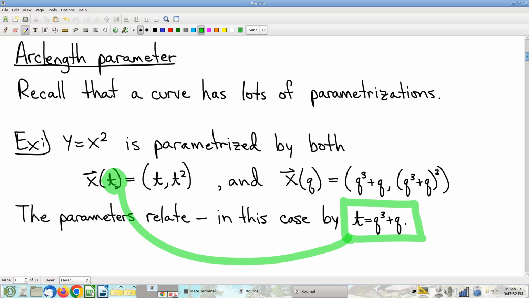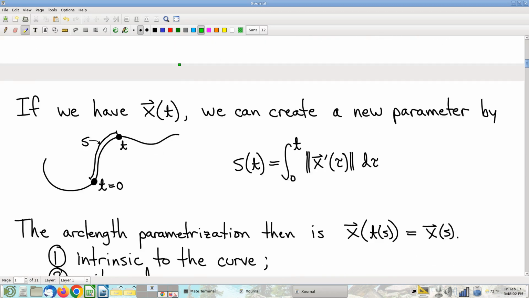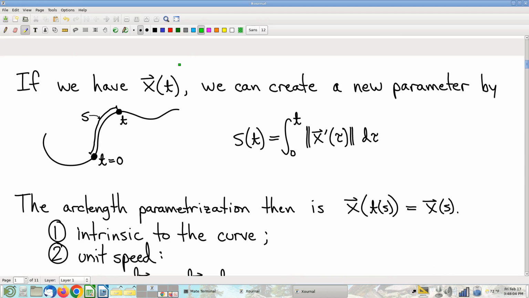Now there's a specific reparameterization that I want to talk about. It's called the arc length parameterization. And it is a tricky, clever idea. The idea is that if I have some existing parameterization, let's suppose I think of position in terms of t. So at that point right there, for example, let's suppose I think of this as being where I am at time where t equals some given fixed value t.